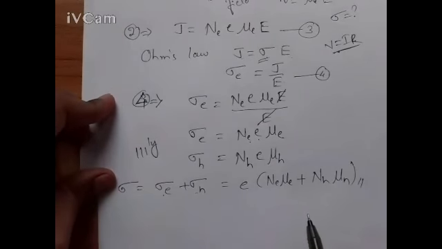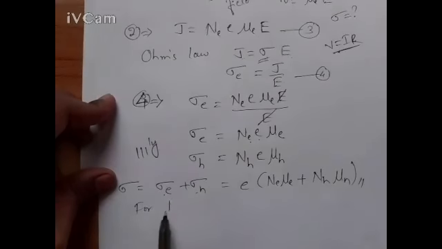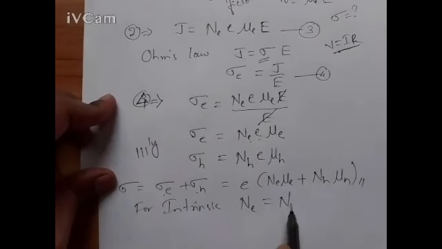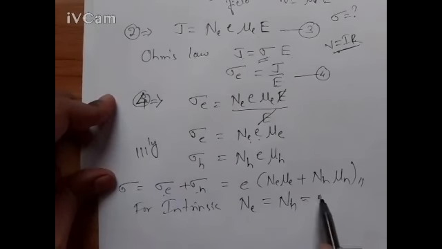Another thing is here. For the intrinsic semiconductor, Ne is equal to NH, isn't it? Both will be the same, so I will write this as Ni for the intrinsic semiconductor.